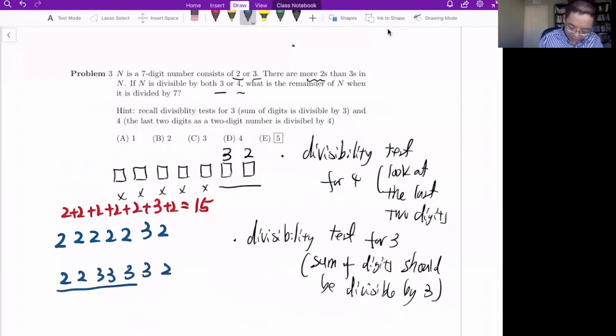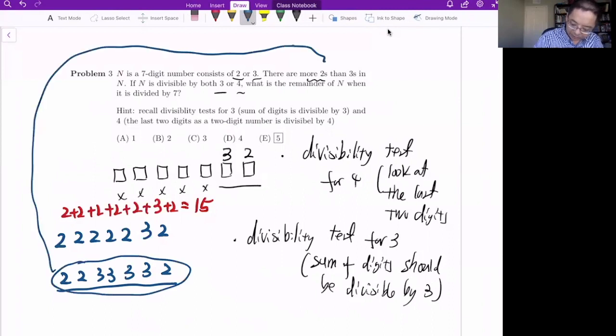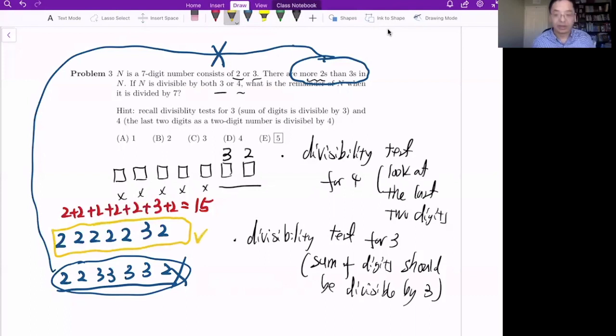This one is also divisible by 3 if you add the digits together. But nevertheless, it violates the requirement that there are more 2's than 3's, so this one is not valid. The conclusion is that if you combine all those requirements together, this is the only one that works.